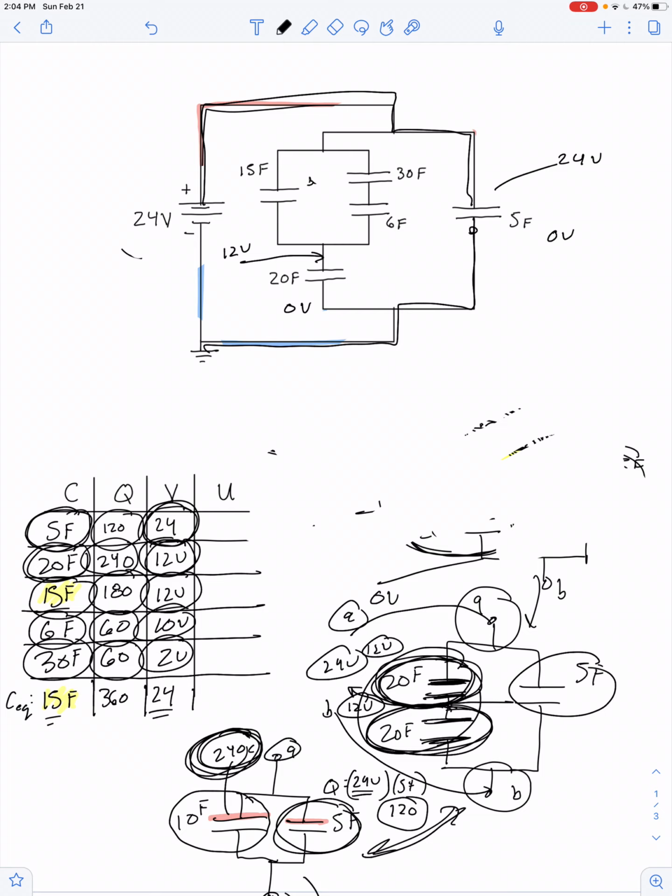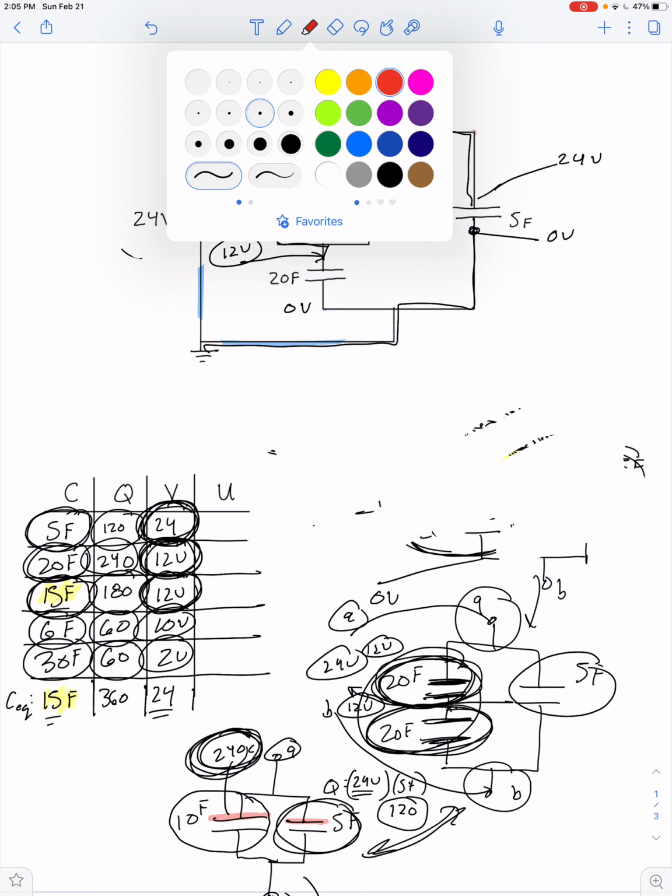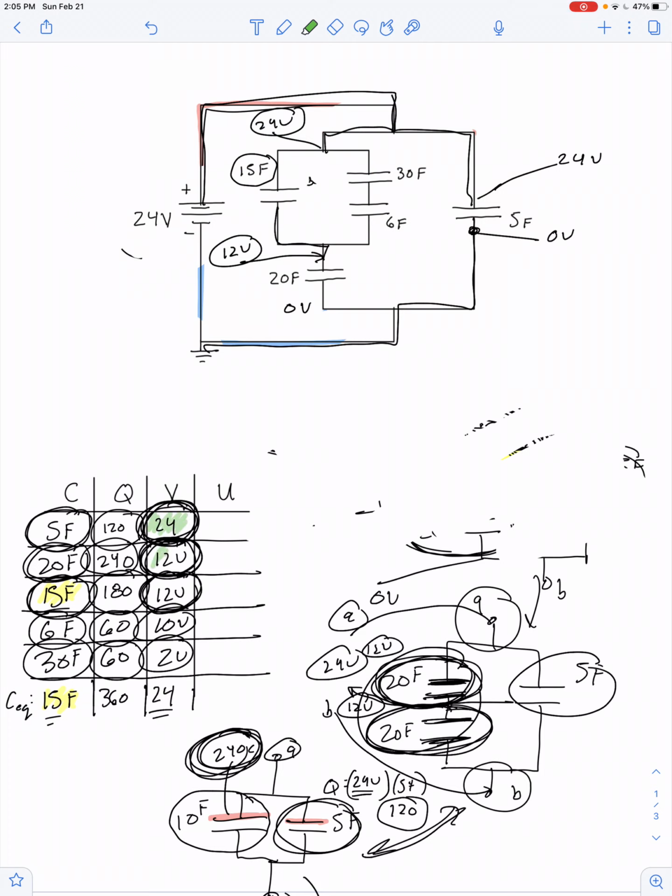The electric potential right here is 0 volts. Here is 24 volts. So the electric potential across the 15 farad capacitor is 24 minus 12. So is that what we have written? Yeah. The 15 farad capacitor has a potential difference of 12 volts. Okay, so far, all of these three voltages highlighted in green seem to check out.